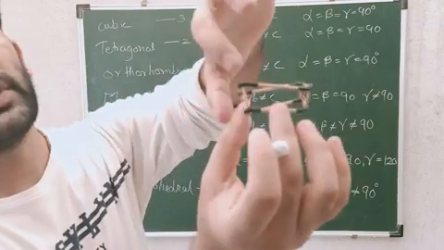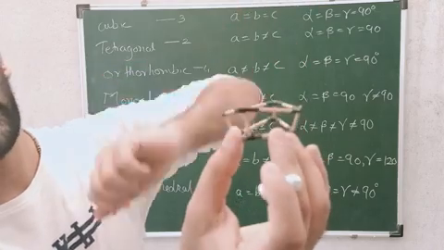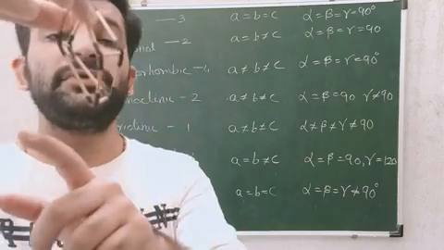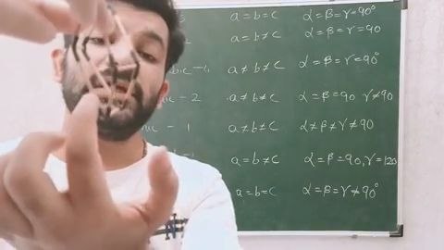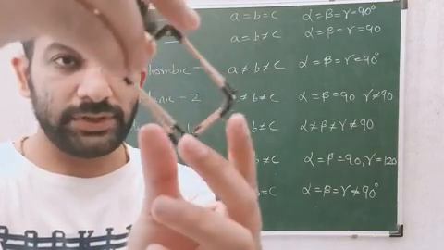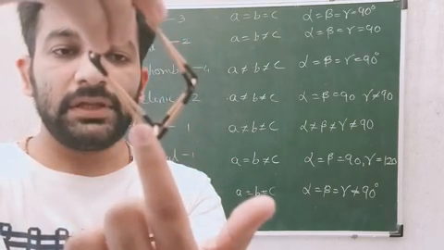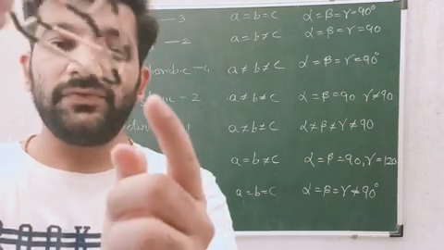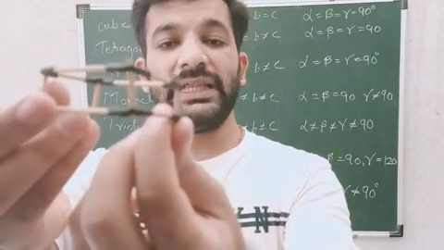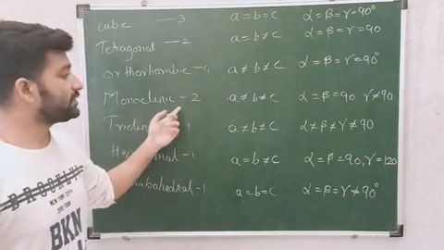Now you can see the angle between AC and BC is 90, means C is perpendicular to A and B, but the angle between A and B is different. If this is the origin, we can take this as origin over here. A and B are at a different angle where C is perpendicular to those two. So when C is perpendicular to A and B, then it is said to be monoclinic.